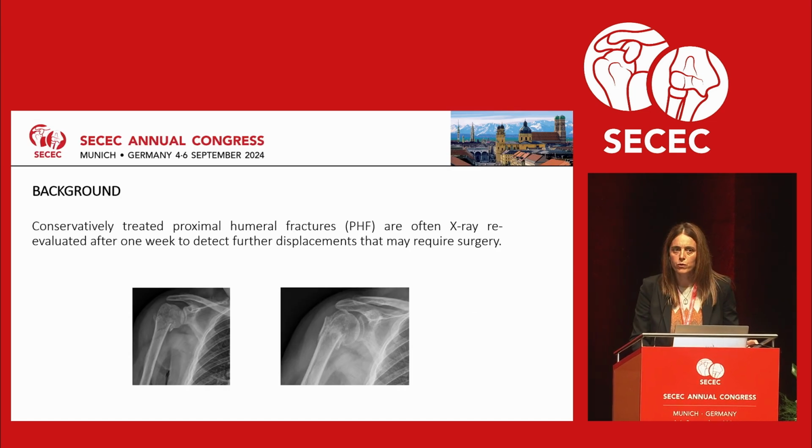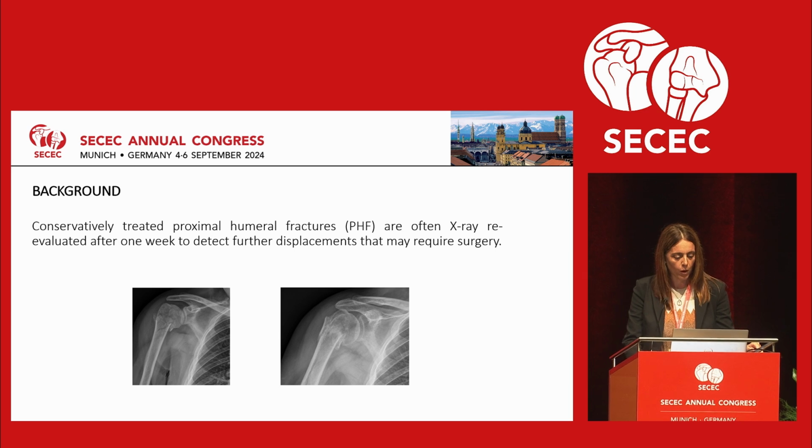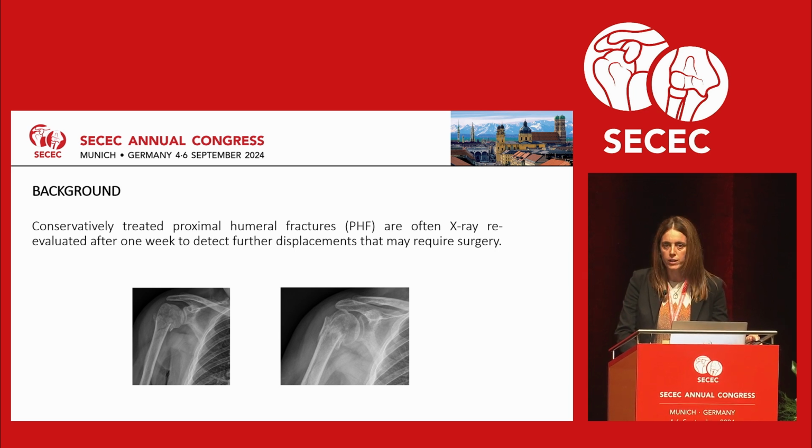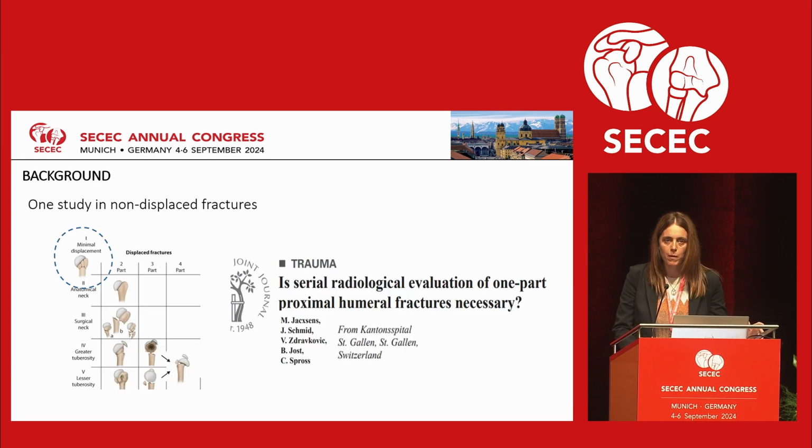In the conservative treatment of proximal humeral fracture, it's a common practice to perform a 1-week X-ray control to detect further displacements of the fracture that may change to a surgical treatment. Only one published study evaluated the need of periodic imaging studies in patients with non-displaced fractures treated conservatively, with no evidence that it results in a change of treatment, and it concluded that it is unnecessary in most patients.